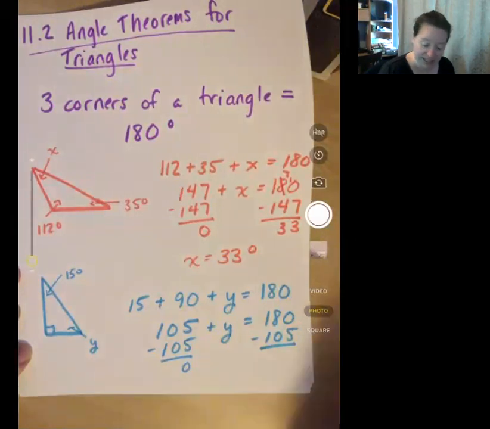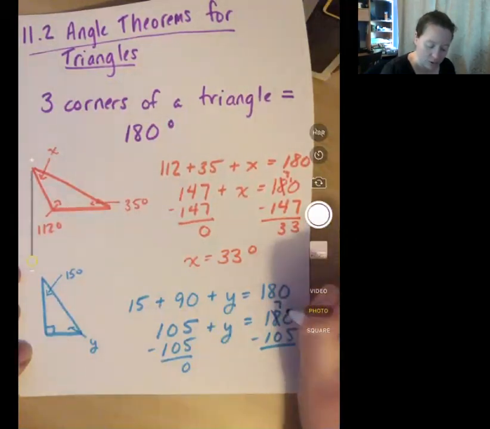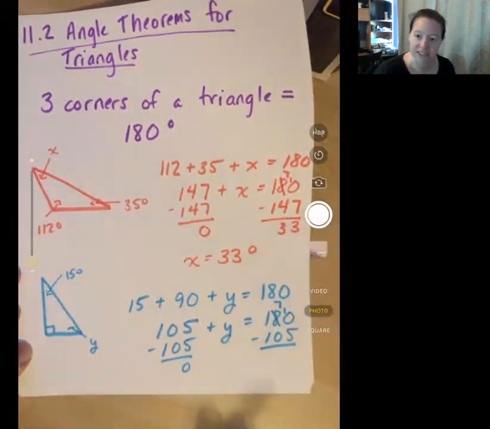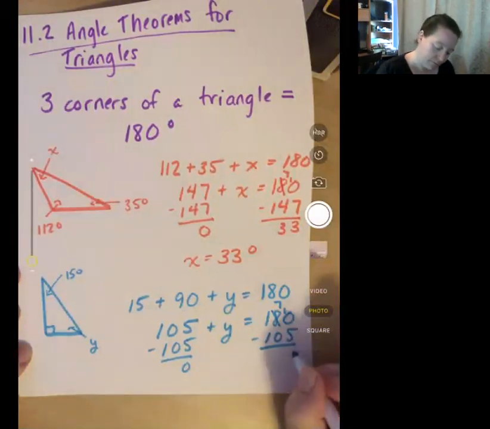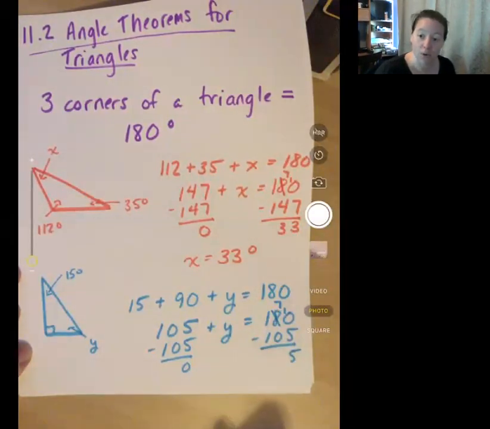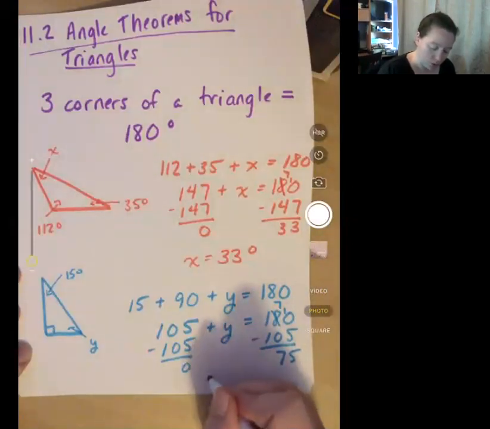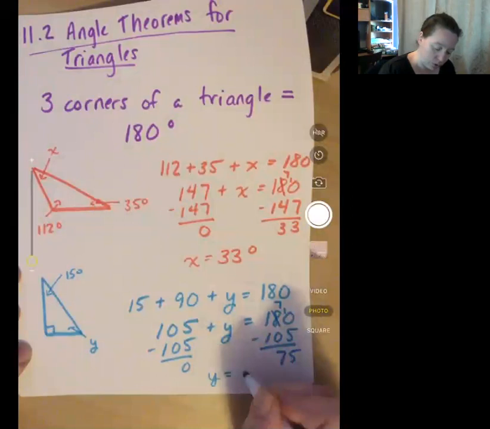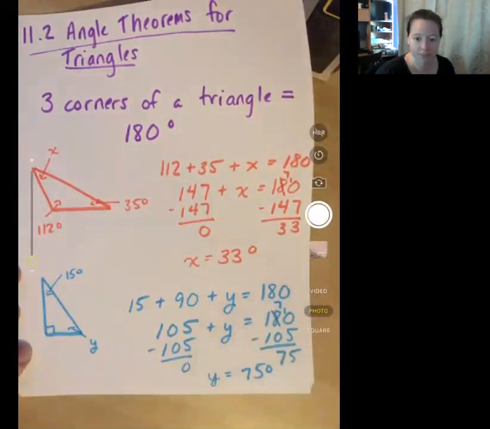I cannot take the 5 from there, so I borrow. 10 minus 5 is 5. 7 minus 0 is 0. So I am left with y is equal to 75 degrees. Does that make sense? Freeze it if you need to. I'm going to move on to a different sheet of paper.